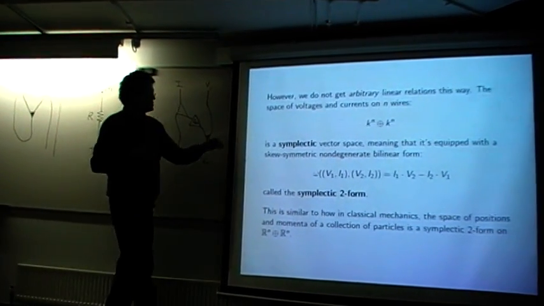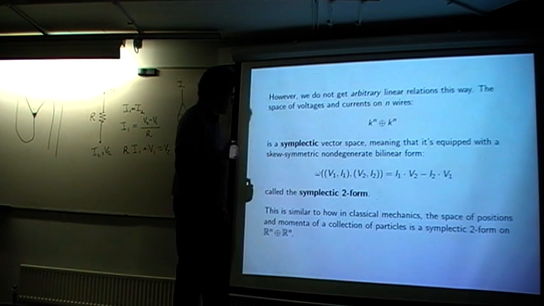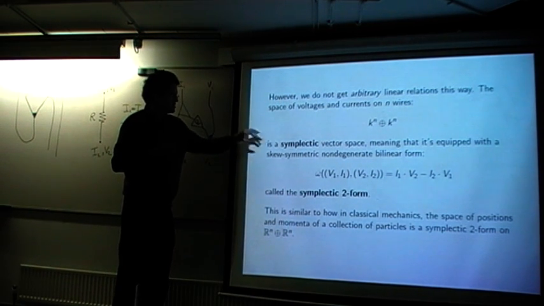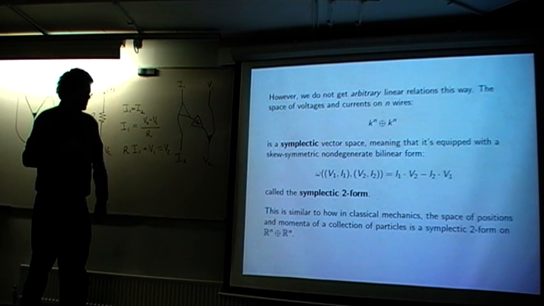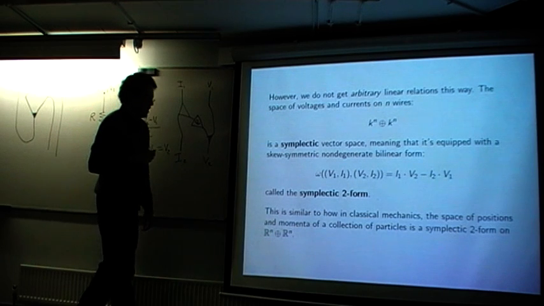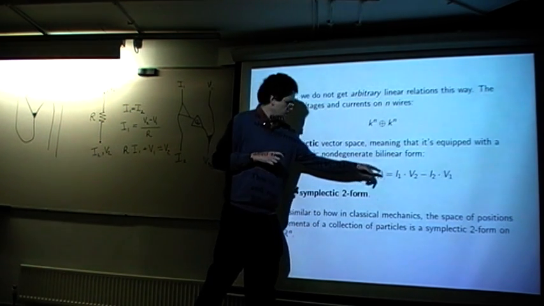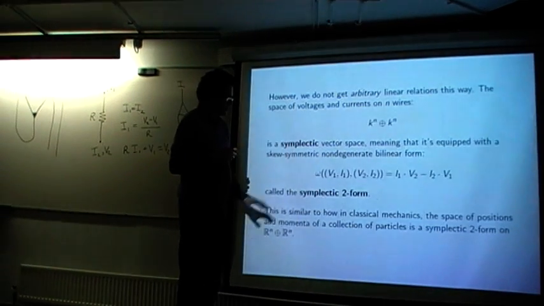So if you've got the space of voltages and currents on n wires, it's k to the n plus k to the n. But the interesting thing is it's not just a plain old vector space. It really is a symplectic vector space, meaning that it has a skew-symmetric, non-degenerate bilinear form, where you form this number I1 dot V2 minus I2 dot V1. That's it.